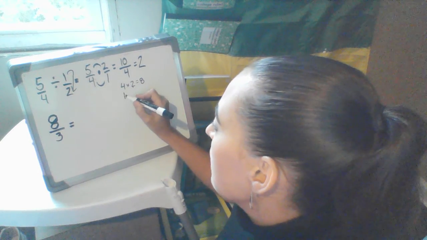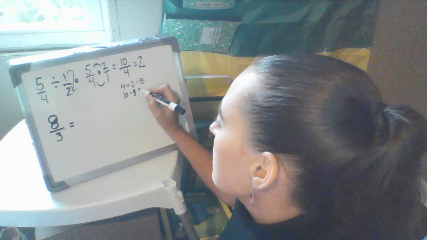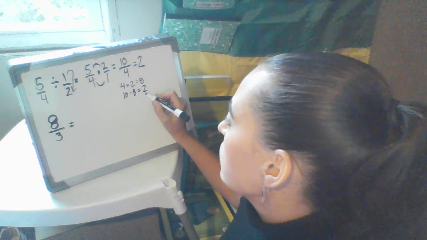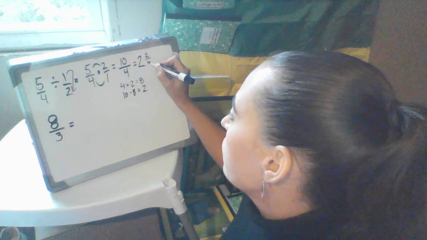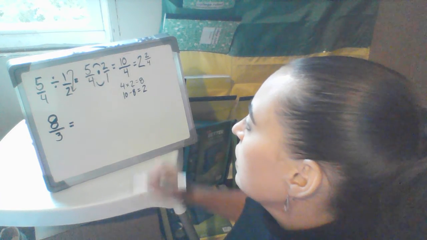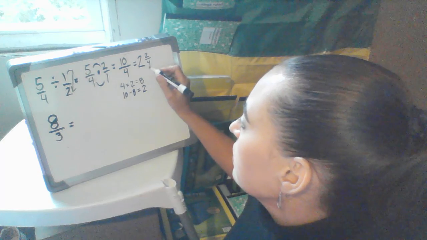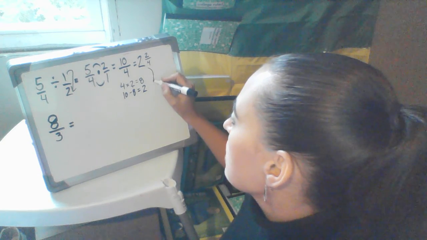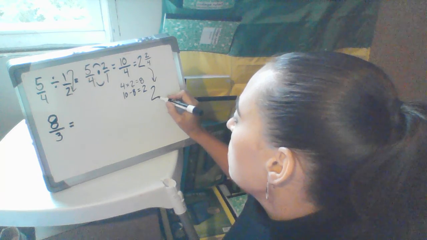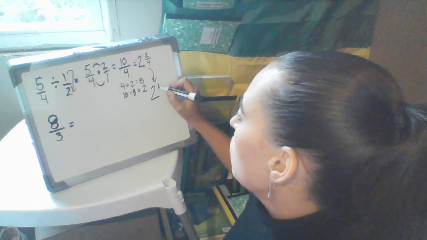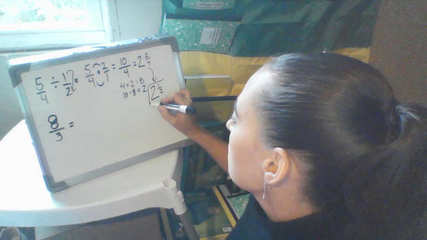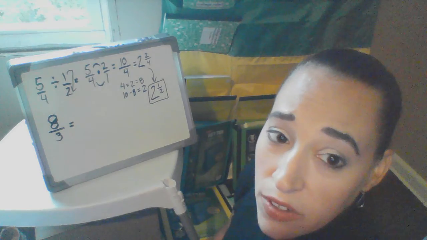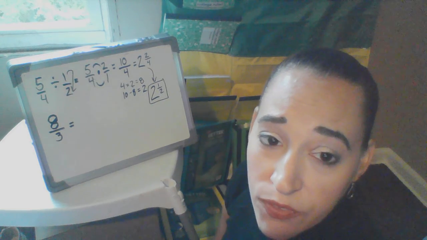Now 10 minus 8 gives me a remainder of 2, so a remainder of 2 over 4. Now this can be simplified. 2 goes into 2 one time, and 2 goes into 4 two times. So your final answer would be 2 1/2.